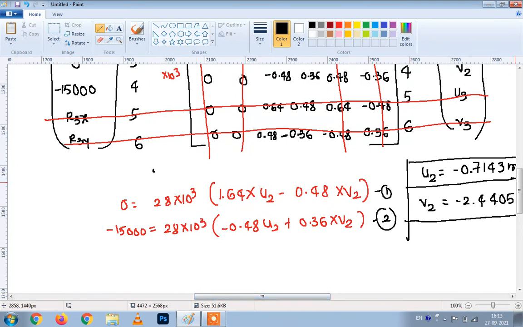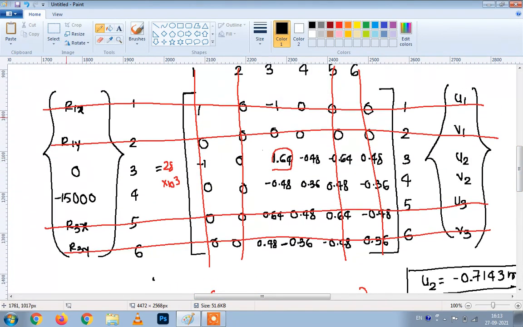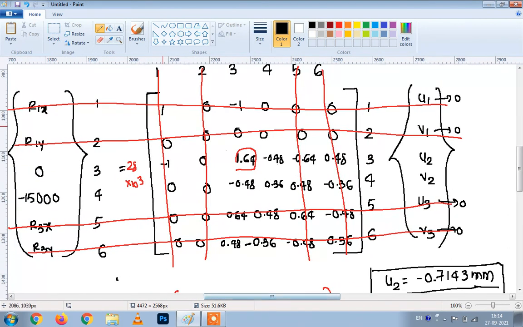To find out the reaction forces R1x, R1y, we have to consider this particular line. If you observe here, the value of u1, as it is fixed support, will be 0, it will also be 0, it will also be 0.